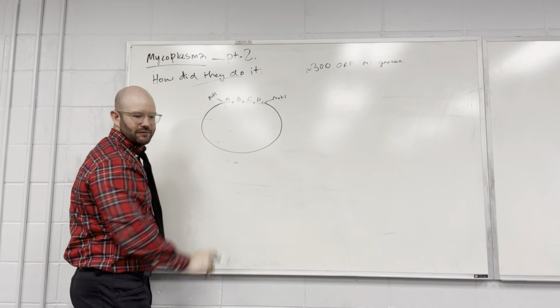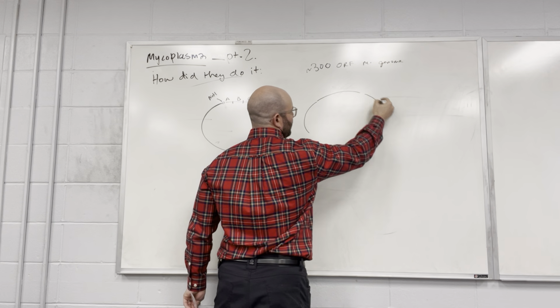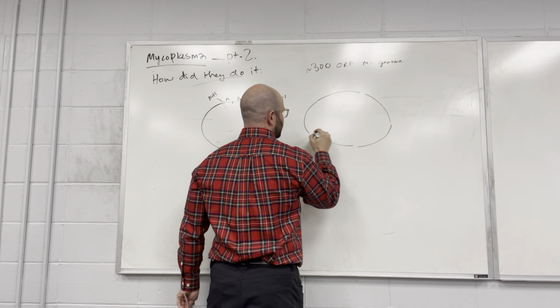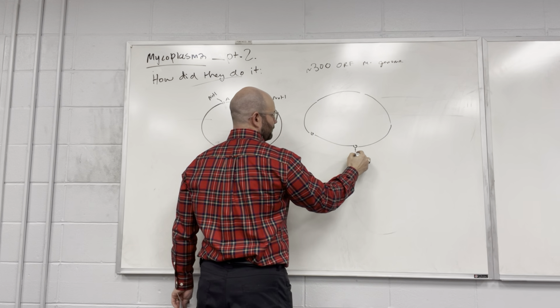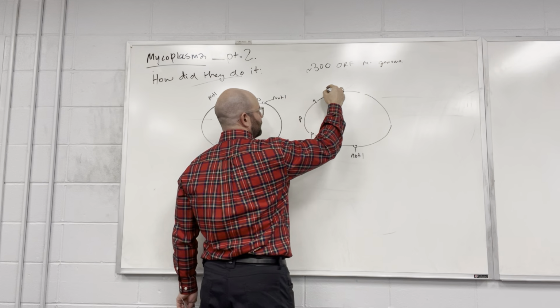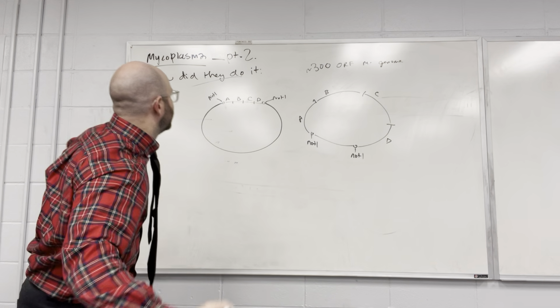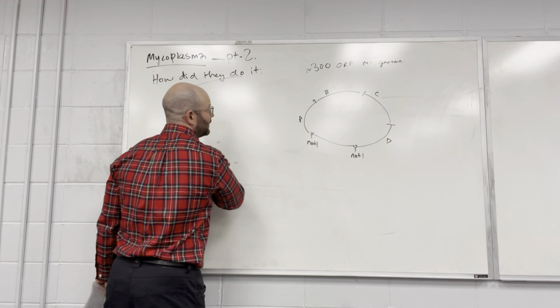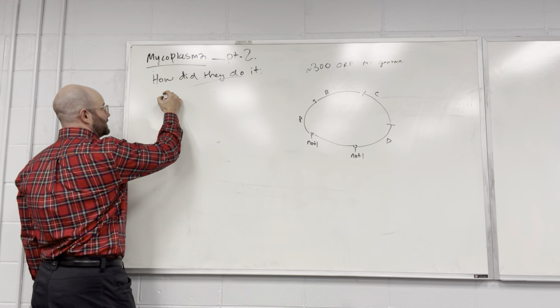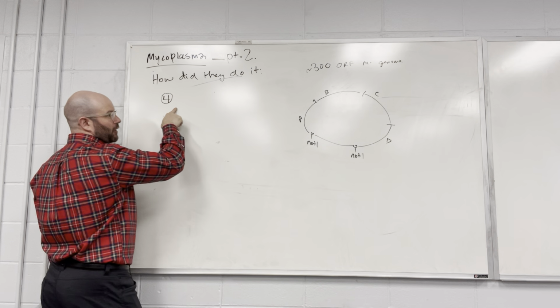If I was to draw this accurately, size-wise, it'd be something like this. Okay, so they have this. This is still not the assembled genome. So this is the input for step 4.